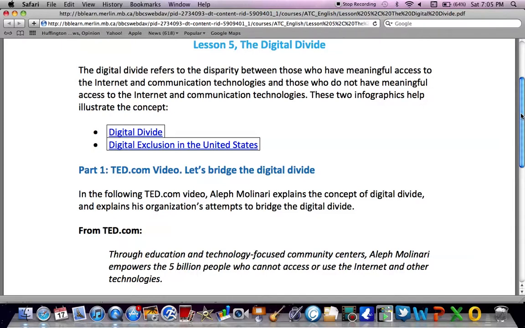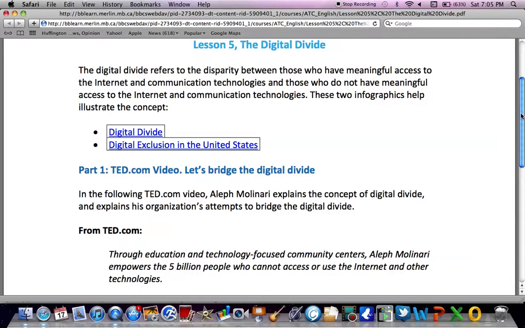And we can think of this on a local scale, so some people in Winnipeg have more money than others, or we could think of this on a broader, more global level. So people in some countries have more money than people in other countries, or some countries have more money than other countries. So we have an economic digital divide, a divide between those who have the money to afford it and those who do not have the money to afford it.